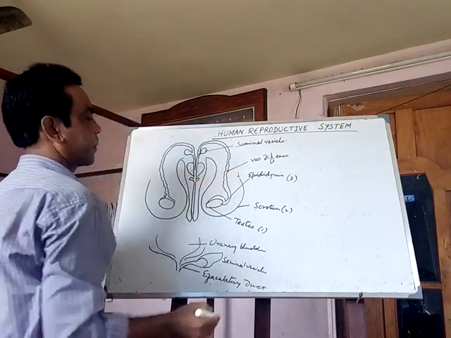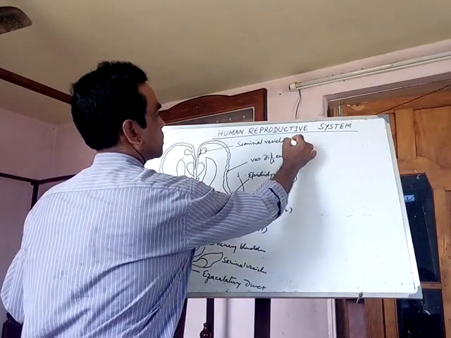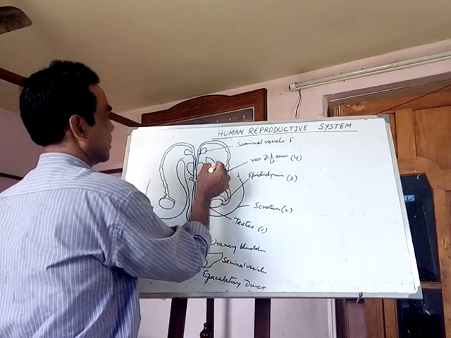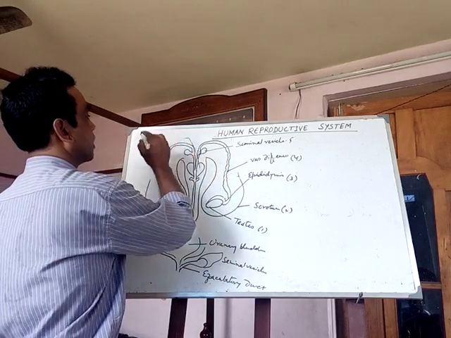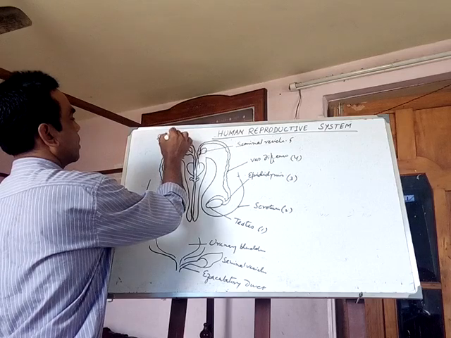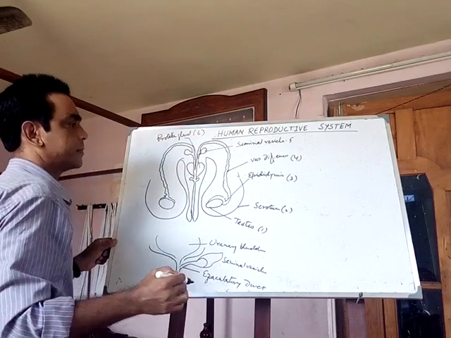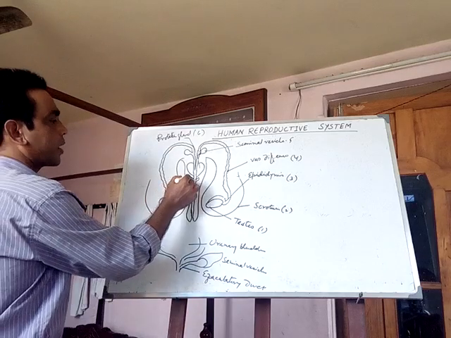Next, the prostate gland. That is 6, the Cowper gland.